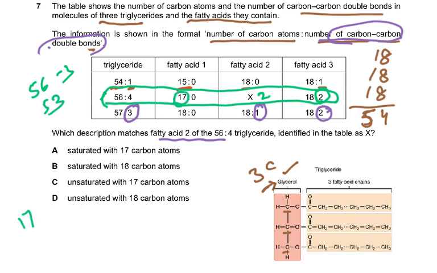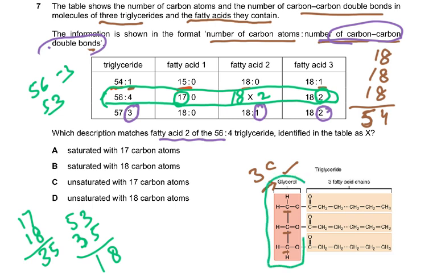So 17 and 18, 35. And then 53 minus 35 will be what? 18. So this has to be an 18 2. Why am I removing the 3 is because the glycerol has 3 in it. Please remember I explained this earlier. So it has to be unsaturated with 18 carbon.